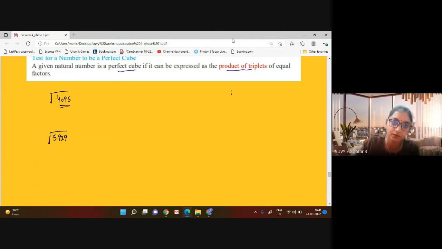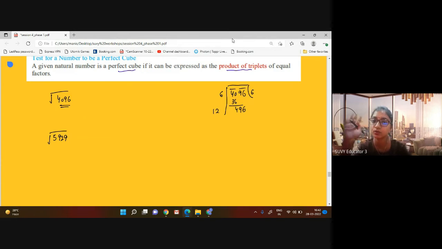So for example, you have 4096. Let's start with the prime factorization or division method. Let's say the division method. 6 sixes are 36, right? 4096, here it's 12. Just think of a number. I just told you one thing: either 1 to 4 into 4 you will do, or 1 to 6 into 6.